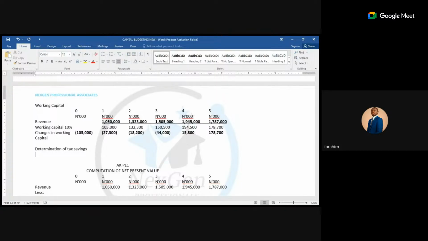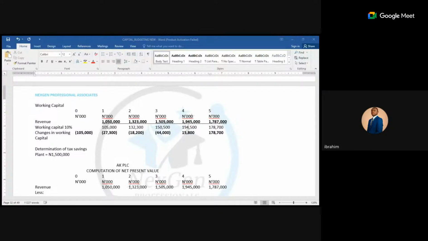So what is the cost of the plants? The cost is 1.5 billion. This will be in million, right?